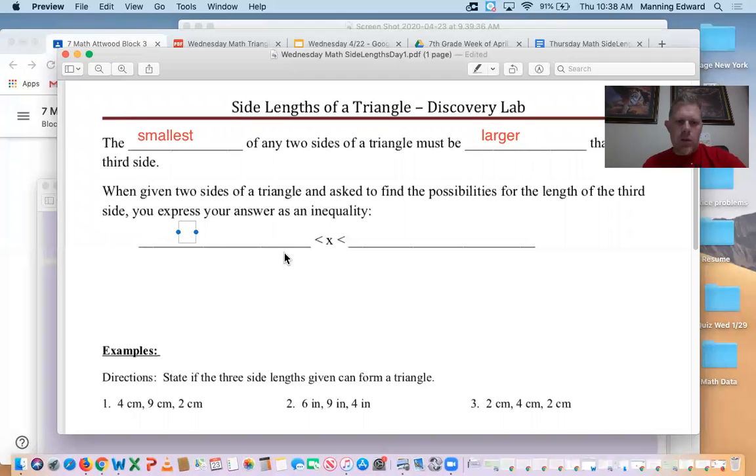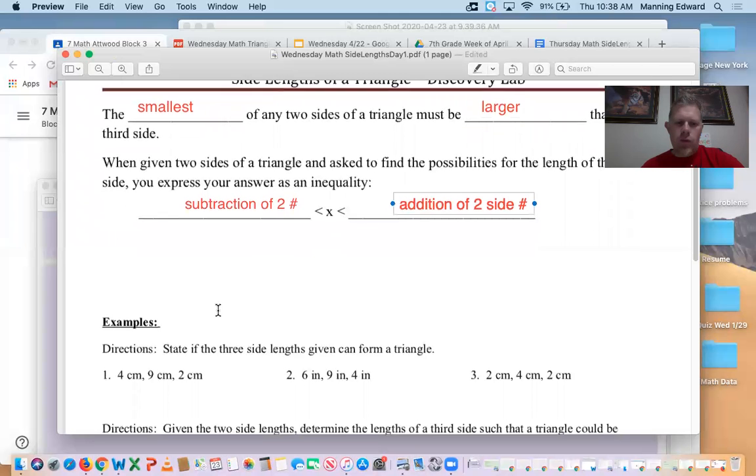This one is a little bit different. You just say the subtraction of two numbers, and then this one would be the addition. Something like that. That's your range.